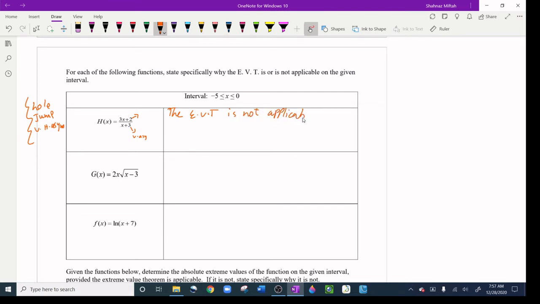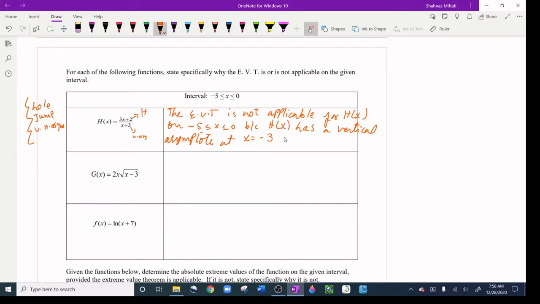This is only one condition for the EVT: that it's continuous. For h of x on -5 to 0, h of x has a vertical asymptote at x equal -3, where you make the denominator equal 0.